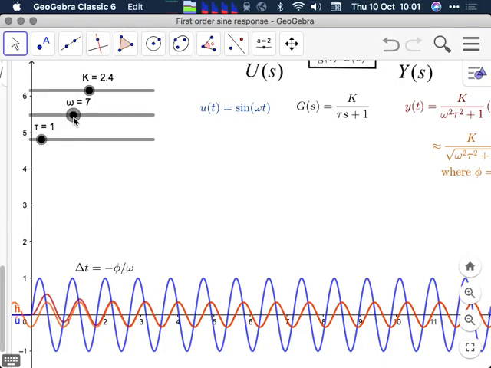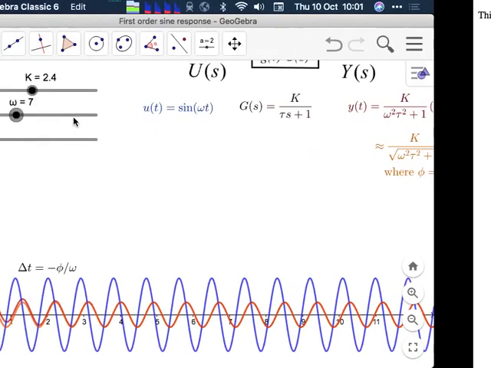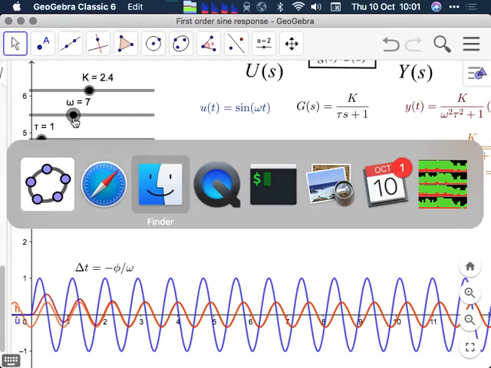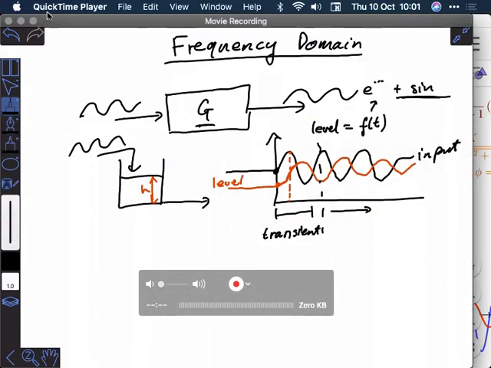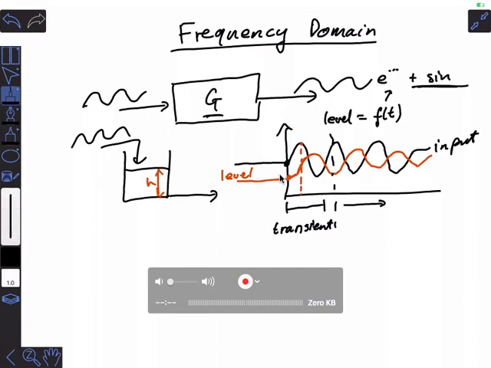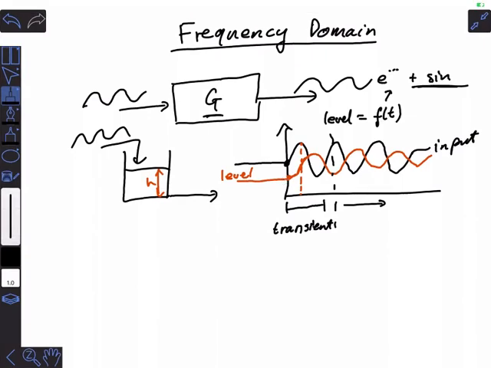Now, if you're thinking about this in terms of our tank system, how you can explain this to yourself is that you can say, well, the tank, remember, has a certain size. And when the input changes faster, that doesn't mean it's actually larger in magnitude. So remember what we said.